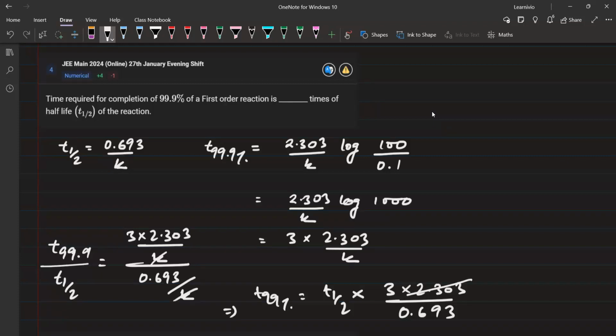So 2.303 and 0.693, the ratio is approximately 0.3, and this is 10 times. The answer will be 10. Yes, Maria, correct. Take one more look at it, and if you have doubt, please let me know.